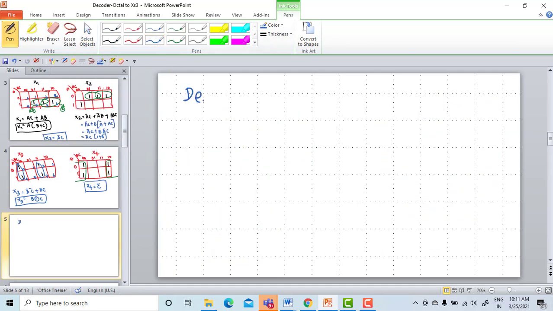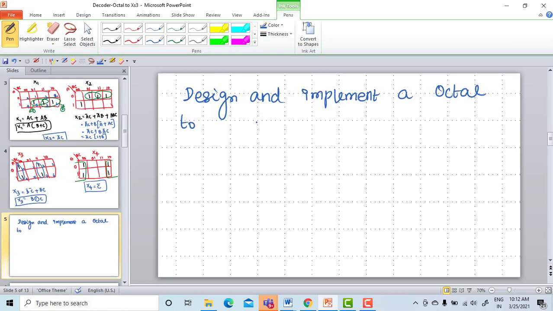Design and implement an octal to 7-segment display.